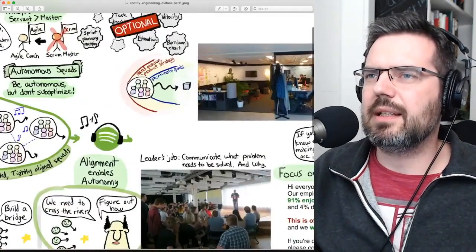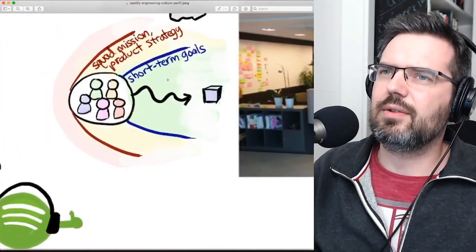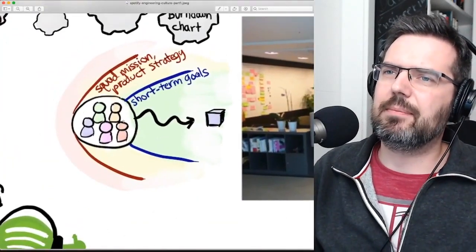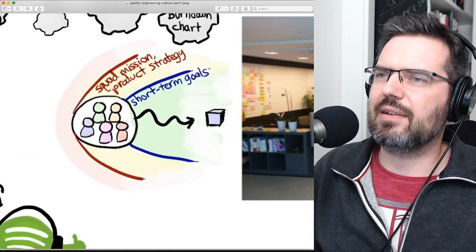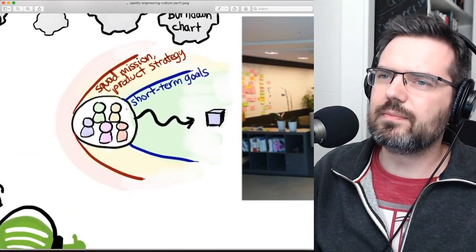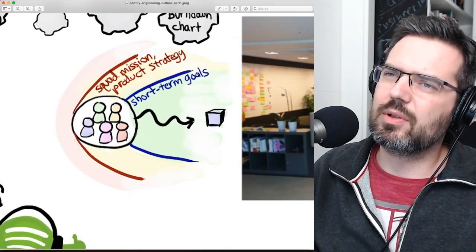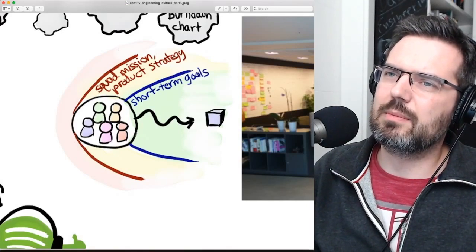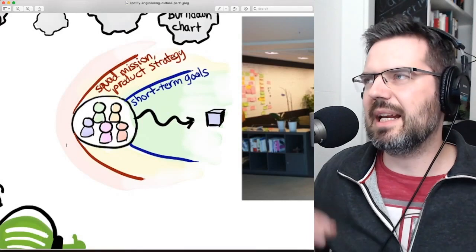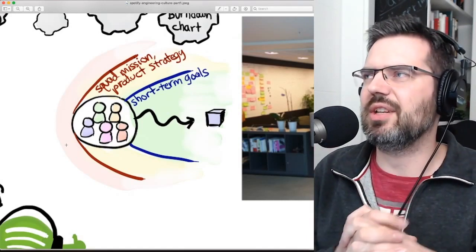So the idea here is that every team of course has short-term goals, and what they also have, this is the common goal, is the squad mission, and that is aligned to the product strategy.